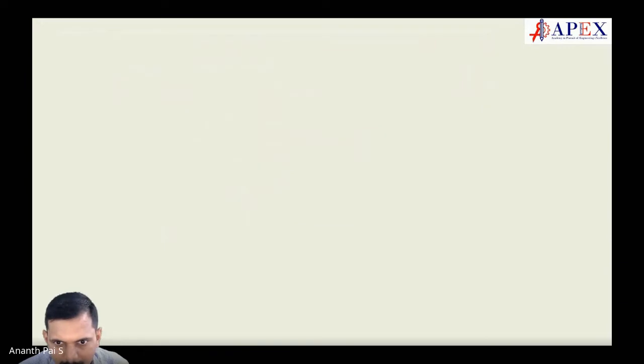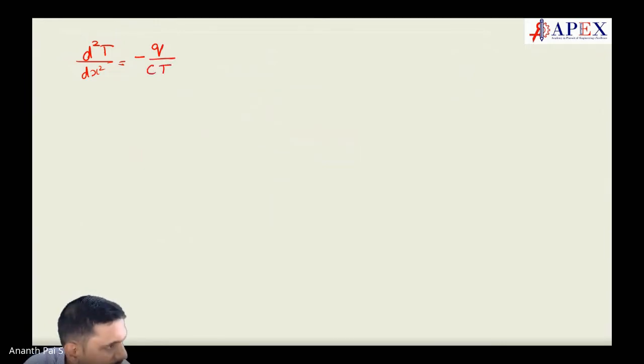Okay, let us do in this fashion. See, one of the main things is that d square t by dx square is equal to minus q by c t, correct?